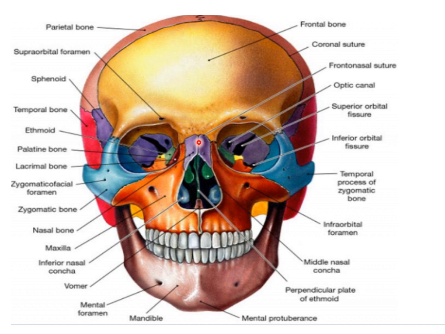Now below the glabella, the frontal bone and the two nasal bones articulate at the frontonasal suture. So this is the frontonasal suture.